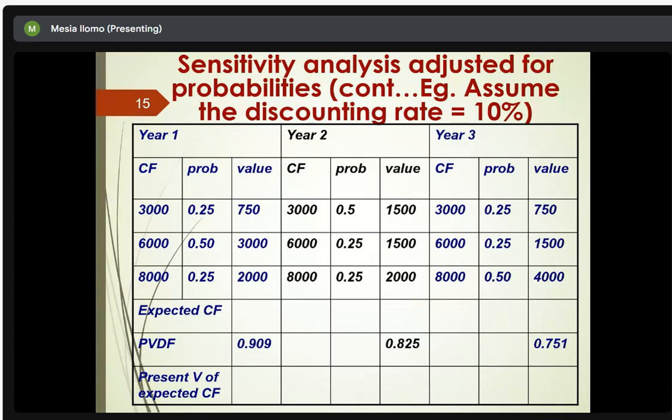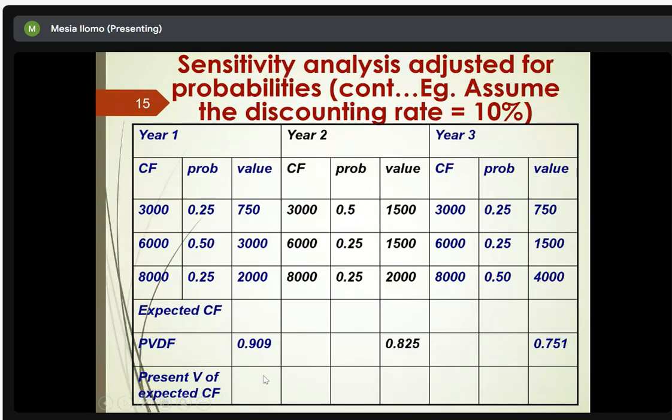Yeah. So now, once you have the expected cash flows, you have the present value discount factor. Because we have the discount rate of 10%, you have the discount factor for year one, year two, and year three.